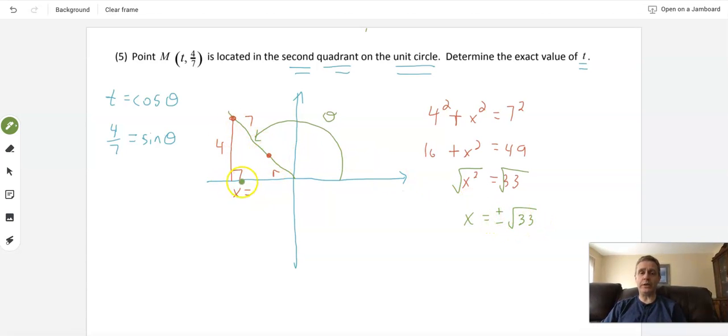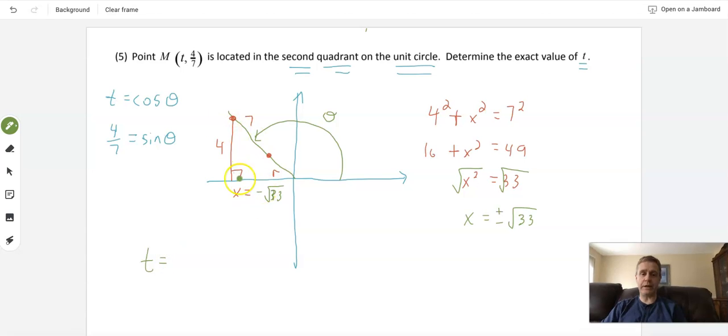In these questions, when you go to label your legs, you do want to be cognizant of assigning it either a positive value or a negative value. And since we're on this part of the x-axis where x has negative values, I'm going to assign this leg of the right triangle to be negative square root 33. And then now that I have this right triangle properly labeled, I can solve ultimately for what t is, because again, t is equal to the cosine of our angle theta, and we can use this right triangle to evaluate the cosine of the angle theta.